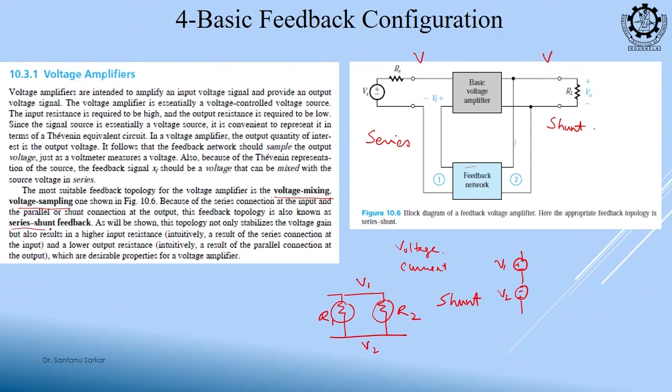This is also known as the series shunt feedback. Series is at the input side, shunt is at the output side. So, the same amplifier, the main amplifier, is named as voltage amplifier, and the same is known as voltage mixing, voltage sampling.